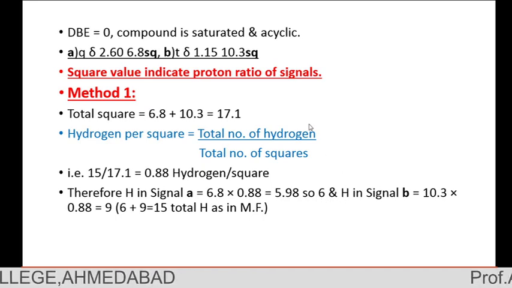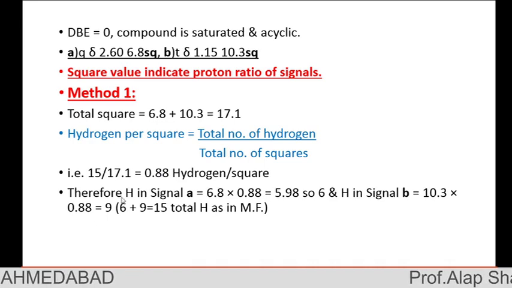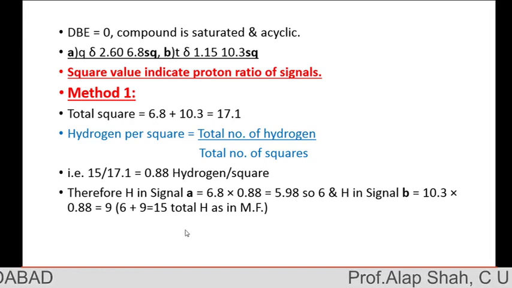And in signal B, 10.3 into hydrogen per square 0.88, so we are getting exactly 9. And you can check also: signal A must arise because of 6 equivalent protons, signal B due to 9 equivalent protons, and you can see that 6 plus 9 is 15.